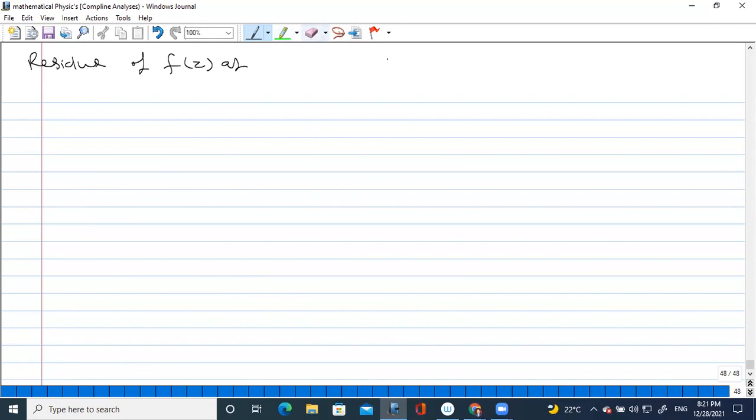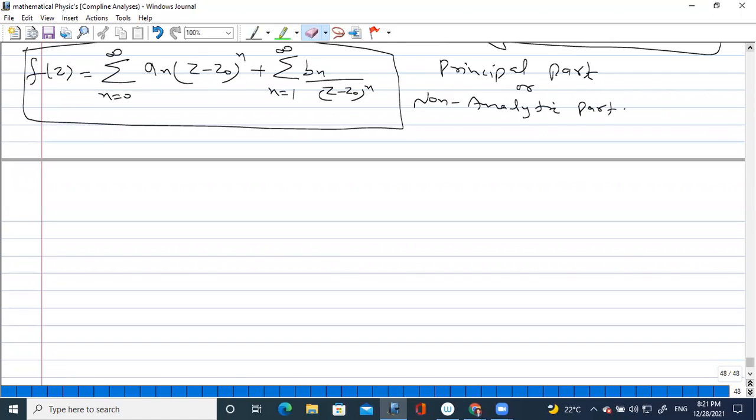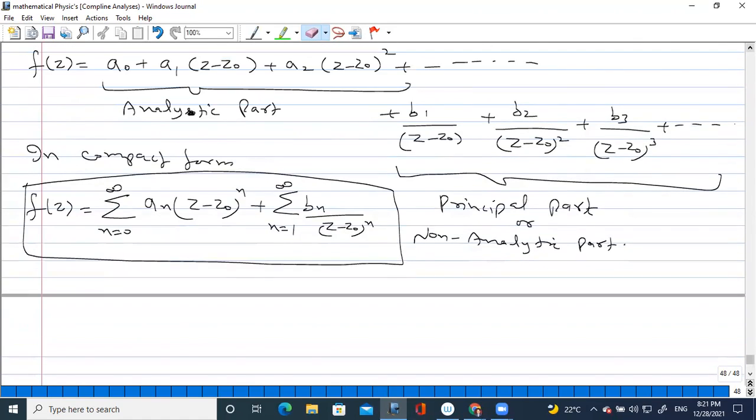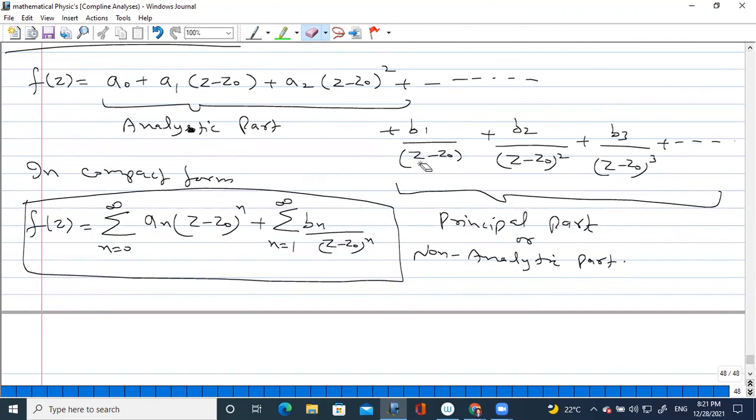Okay, one more thing I should tell that I forgot. See here, if I put z equal to z0, this will become 0.